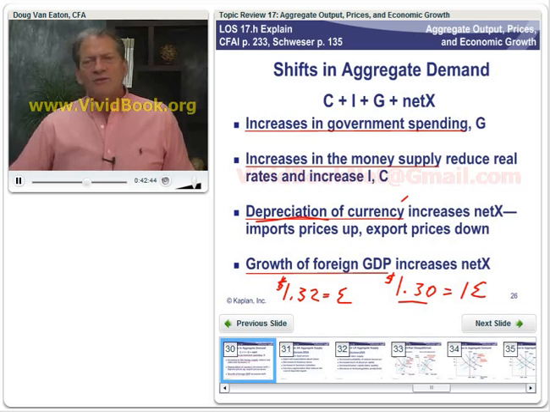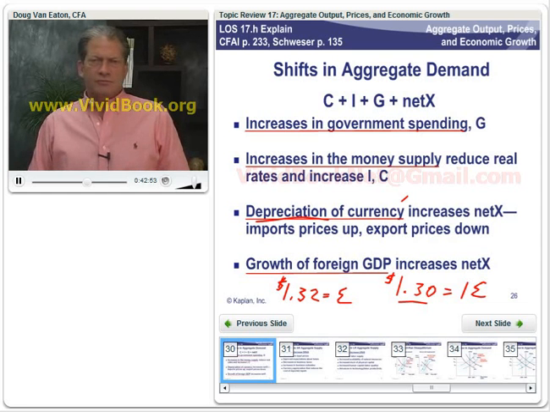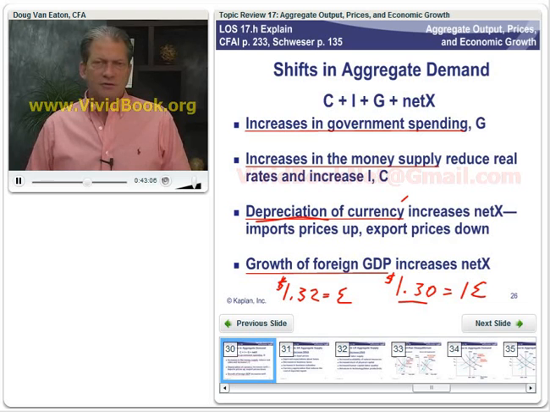So what's the effect of this on imports and exports? And it's pretty straightforward. Okay? Something that costs 100 euros after the depreciation is going to cost more than that. Okay? 100 euros worth of goods initially costs $130 US.